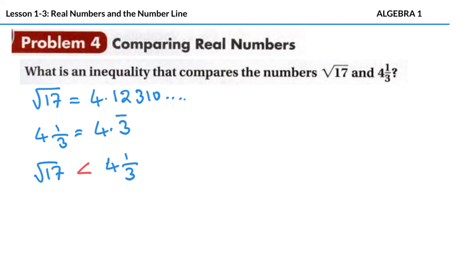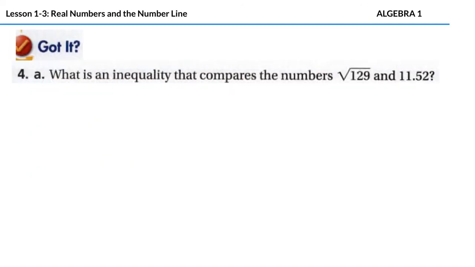That's great. So let's see whether you got it. What is an inequality that compares the numbers square root of 129 and 11.52? So what is the decimal equivalent of square root of 129? It is 11.35 and something. And we have the number 11.52.